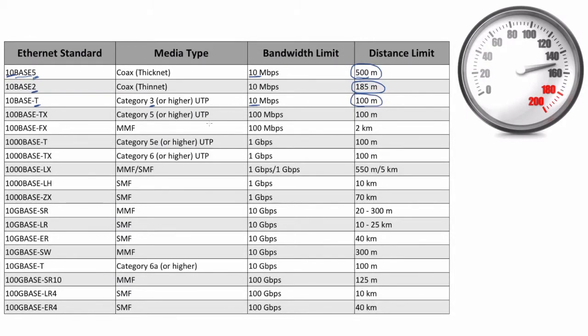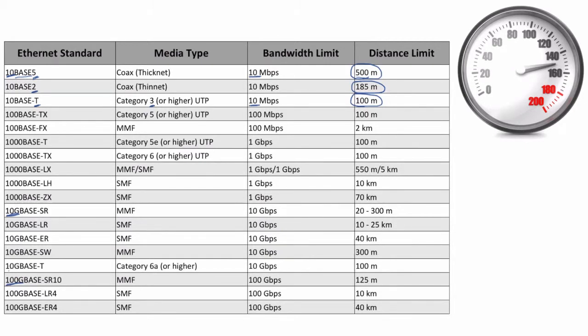And we won't go through all of these, but notice the speeds keep increasing and increasing on the table. 100 indicating 100 megabits per second, 1000 representing 1 gigabit per second. There's also 10G, that's a shortcut way of writing 10 gigabits per second, and even 100G, 100 gigabits per second.